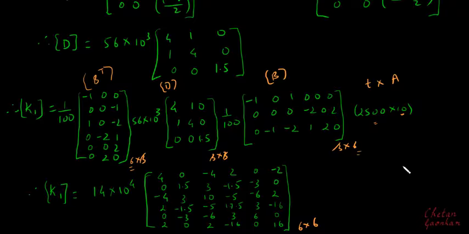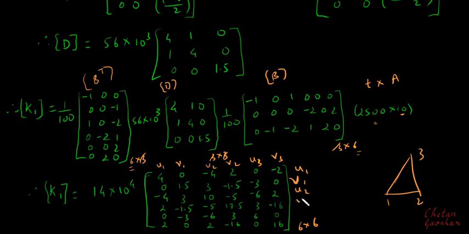When we say this is the stiffness matrix for the first element, we had here the node numbers as 1, 2 and 3. So this will correspond to u1 v1, this will correspond to u2 v2, and this will correspond to u3 v3. Similarly u1 v1, u2 v2, and u3, this will be v3, since I had the global node numbers as 1, 2 and 3.